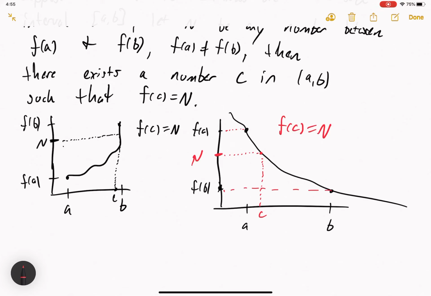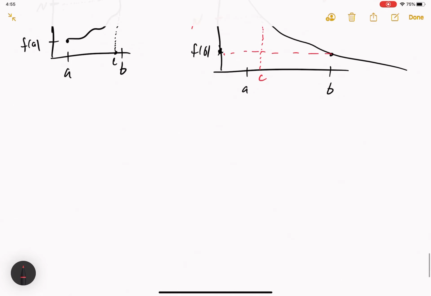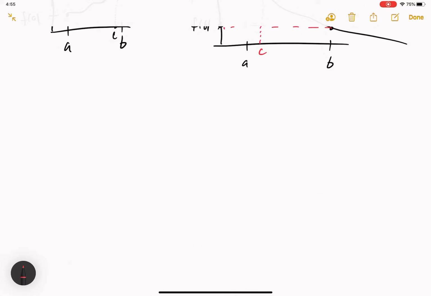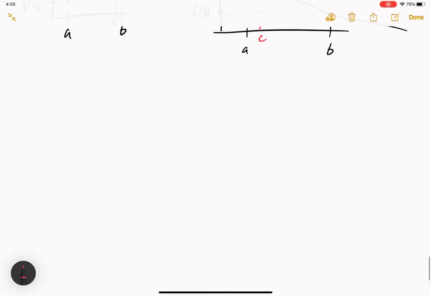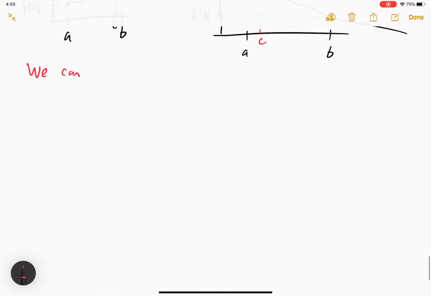So let me actually demonstrate an example of how we can use IVT. We can use it to show a function actually has a root in a specific interval. So let me just write that down. We can use IVT to show a function has a root.